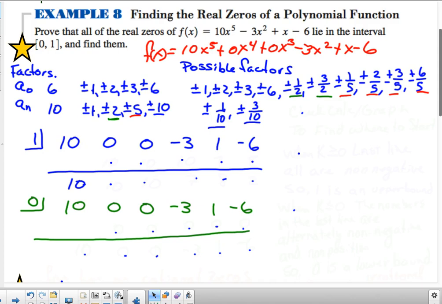So those are the ones that I'd have to consider as I go through. So again, finding the real zeros of polynomial functions, and I'm proving that they lie in that interval between 0 and 1. And I'm finding them all. So I found them all, but I'm proving the ones that I really want are just between 0 and 1.